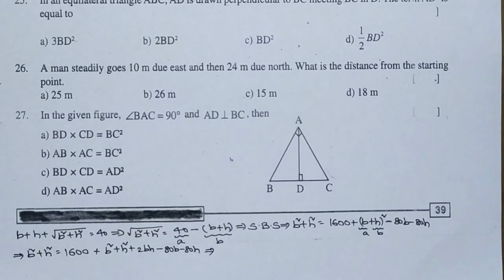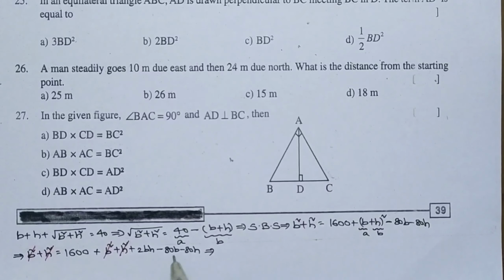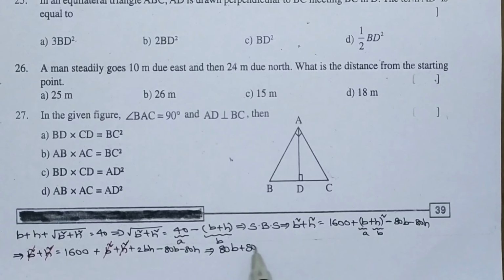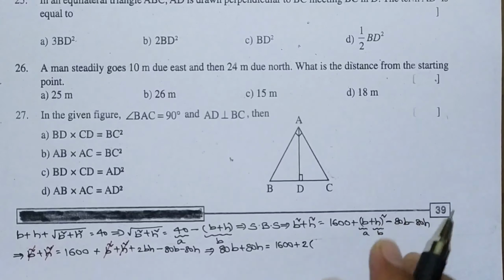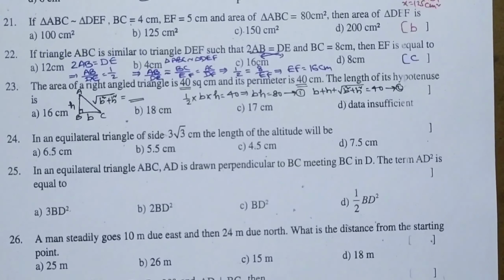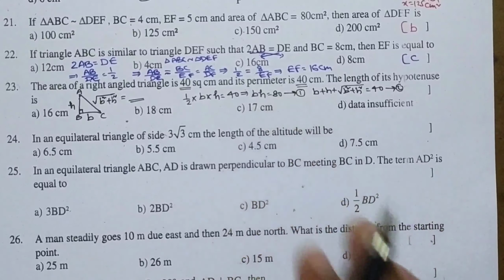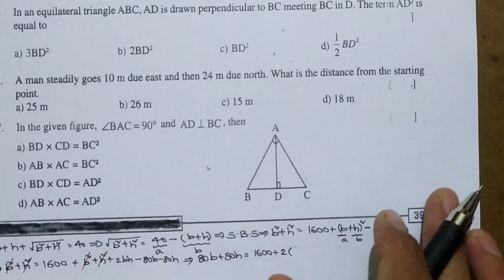Now here if you understand carefully, here is equal to is there, same terms can be cancelled, b square, h square, they get cancelled. Now here let us send minus 80b minus 80h towards the left side, so they become positive. 80b plus 80h is equal to, what is left over, 1600 plus 2bh. 2 into already bh value from equation 1, bh is 80, so let us substitute that 80 here.